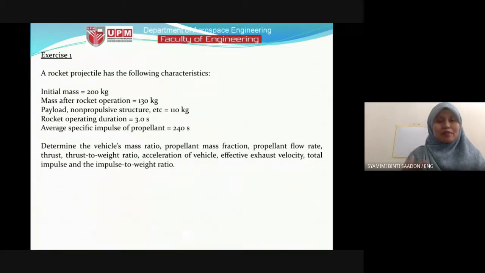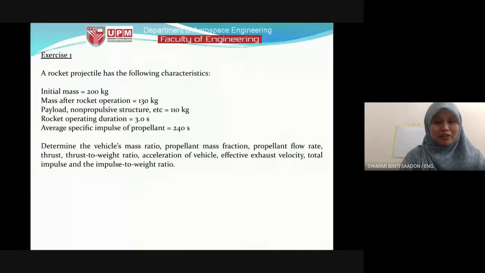After launching, obviously this propellant will be burned in the combustion chamber, so the total mass of the rocket body will be reduced. The final mass is reduced to 130 kilograms.